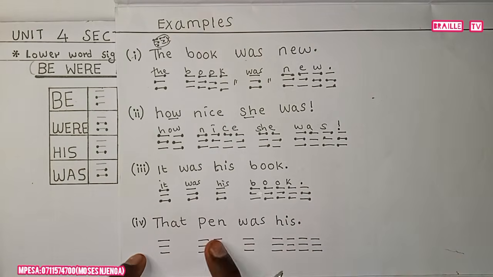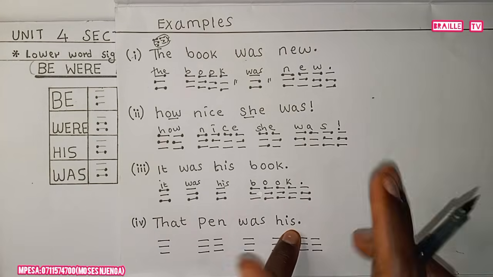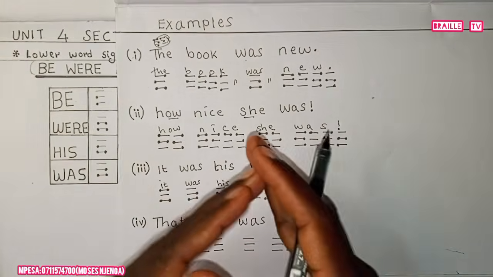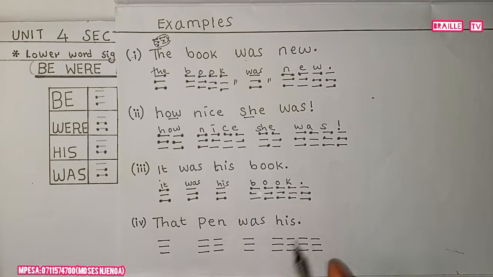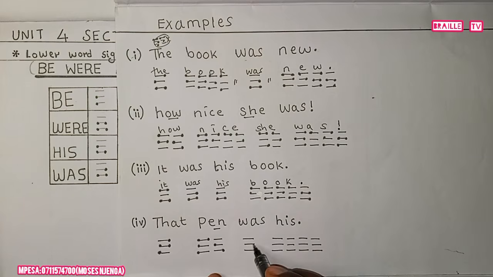That pen was his. Remember, we are having a full stop here, and a full stop is a punctuation. The rule told us, do not contract them when they are in contact with any sign, including the punctuation. So under simple upward signs, that is T standalone. Then pen, we are going to contract en. And then was, I said it's lower J standalone.